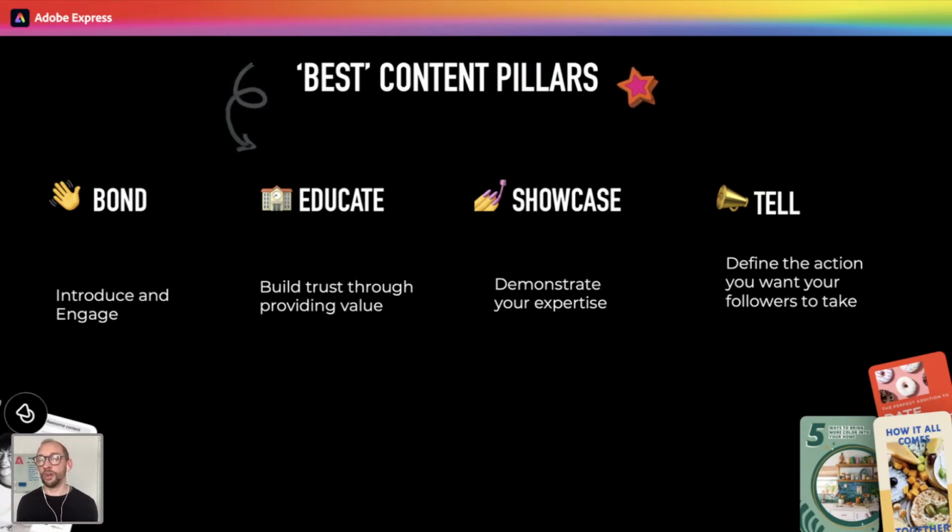Get people to know you, pull back the veil of the business. That's where social media is super powerful, to really help humanize the business and engage, get people sharing, get people talking, help people understand the human behind the business, whatever it is that you represent. Then educate, adding value. We've spoken about trying to understand the problems that your audience face, and what you want to be known for, and how you can help your audience address those problems.